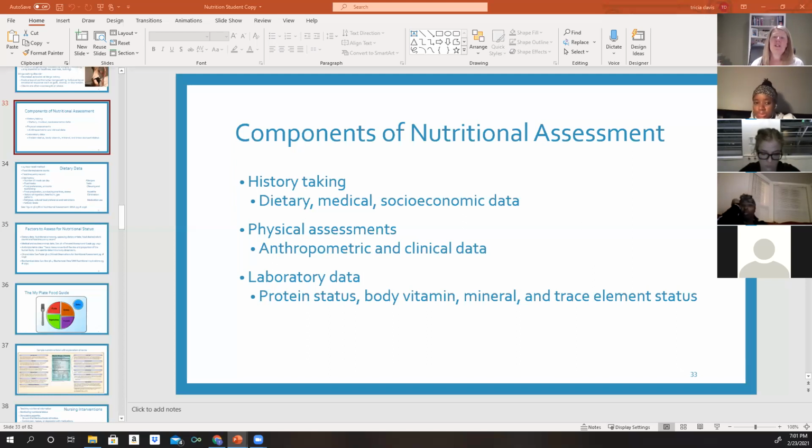You want to make sure you're doing a thorough physical assessment. You're doing that anthropometric and clinical data. So taking those measurements of body fat and measuring that waist circumference, looking at their height and their weight. And then you're going to look at laboratory data. So you're going to pull labs that look at protein status, look at certain vitamins and minerals and certain trace elements in the body.